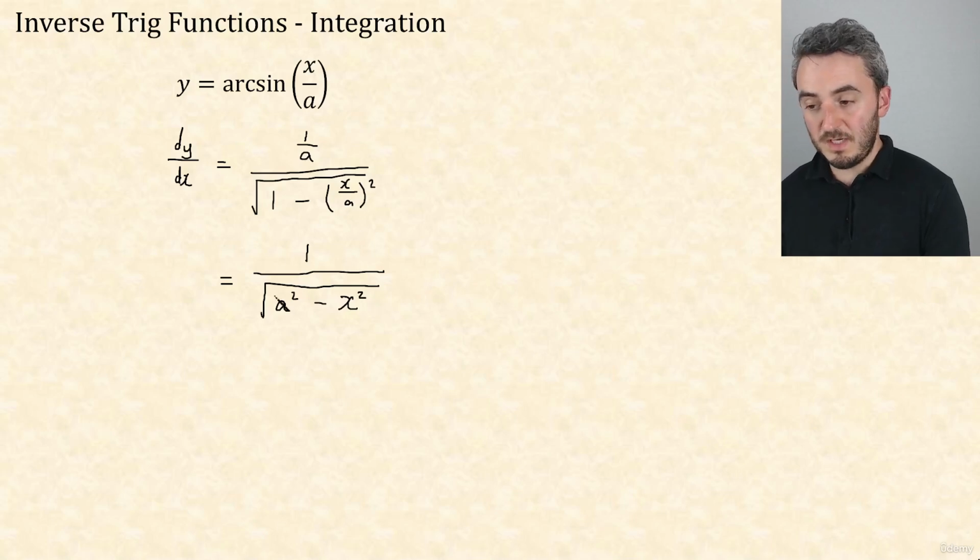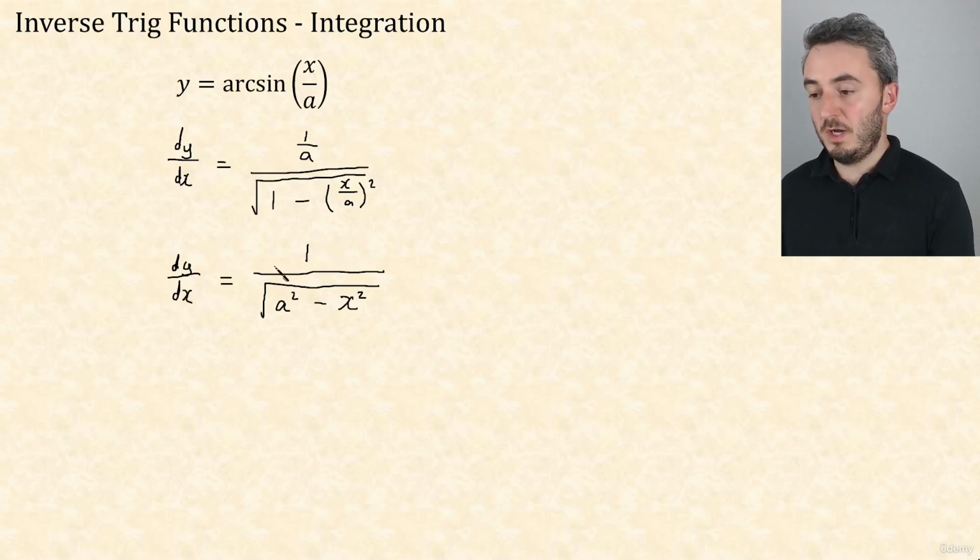So here's a really useful one. If dy by dx is anything in the form 1 over root a squared minus x squared, well, its integral, the original function, was arc sine of x over a. And so this is a result given to you in your formula book. We can integrate anything in this form directly to arc sine of x over a.